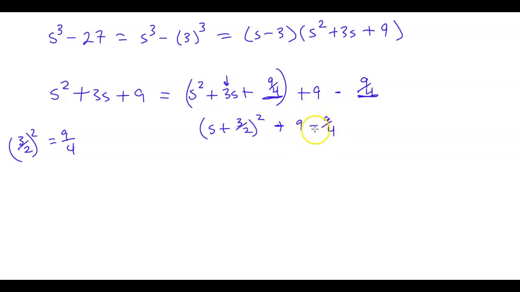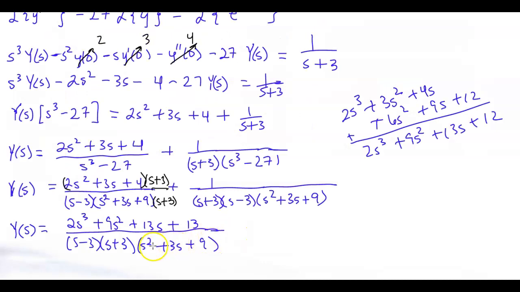And, of course, we could simplify this part here. This would be the same as 36 minus 9 over 4, or 27 over 4. And so we'll do this as 27 over 4. So we come back here, and we know that we can replace all of this with what we just found.